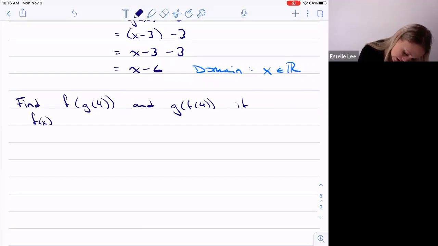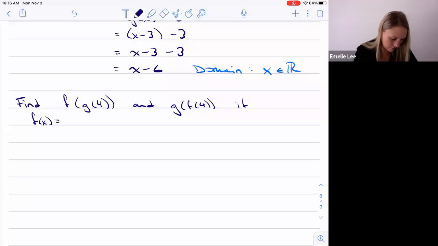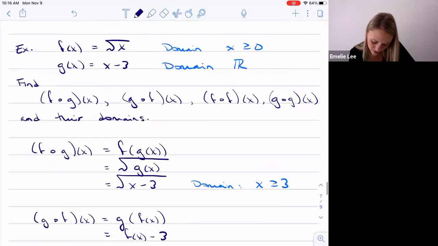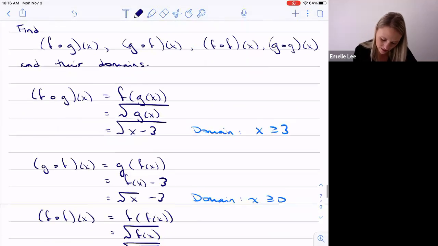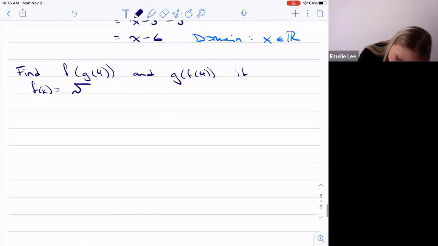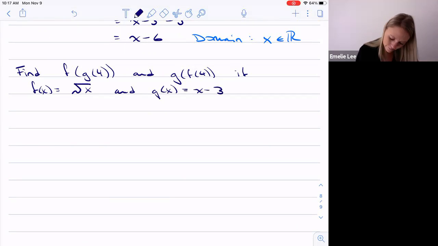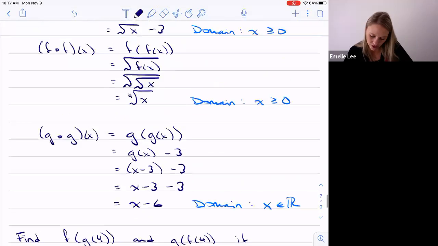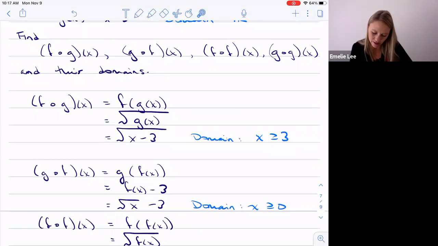If f of x is root x and g of x is x minus 3, first we want f of g of 4. f of g of x is the root of x minus 3, so x has to be greater than or equal to 3. x equals 4 is allowed.